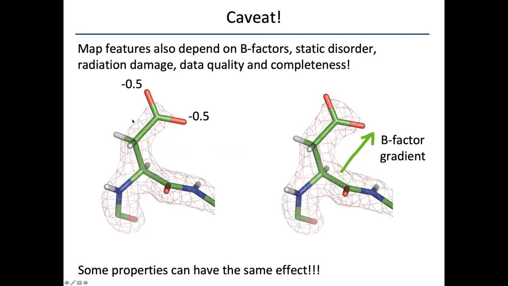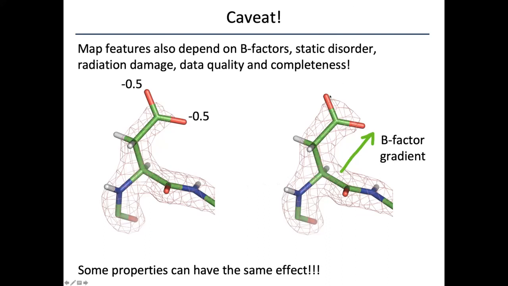To illustrate this, I did one more calculation of a map. Again, here on the left, I have the map for the electrostatic potential using half a negative charge on each of these two oxygen atoms. And what happens if I calculate the electrostatic potential map for the same group, which is neutral?